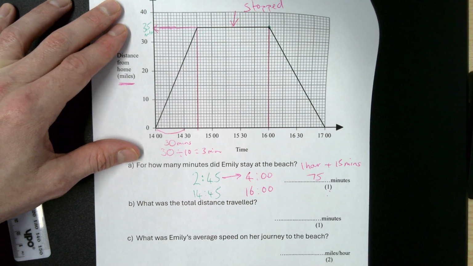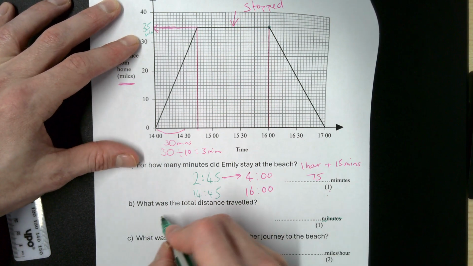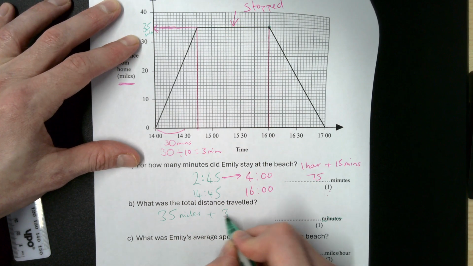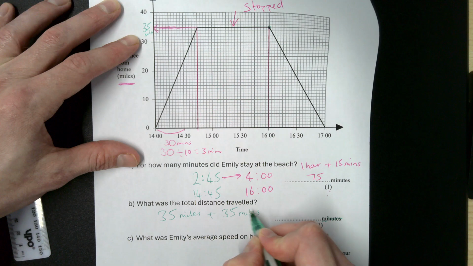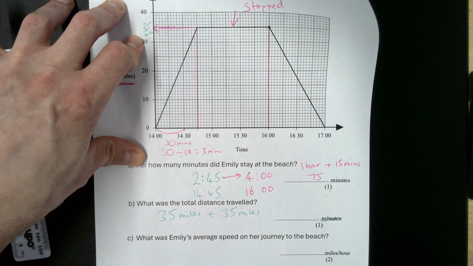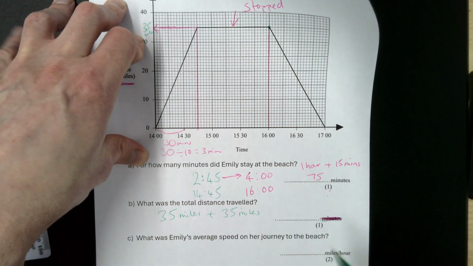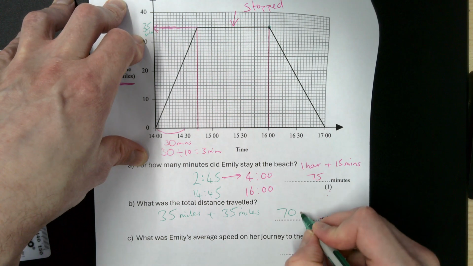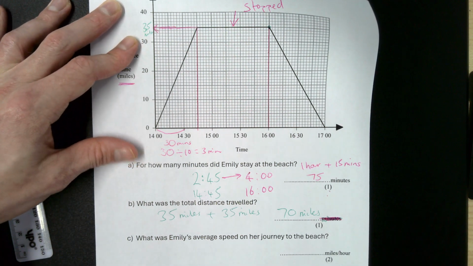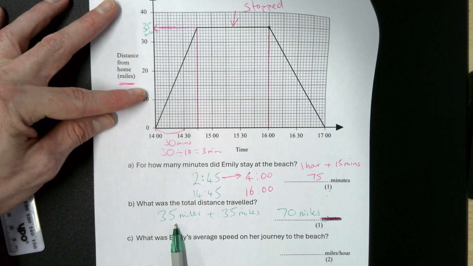Now, the total distance, it's 35 miles there, plus the 35 miles coming back. So that's 70 miles in total. Okay. Common error here is to just put the 35 going there and they forget to come back.